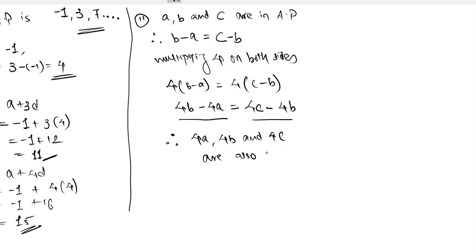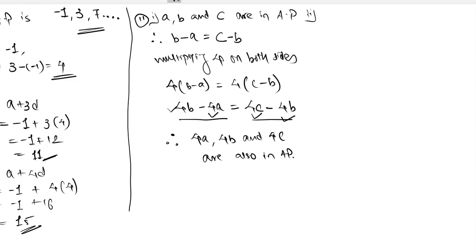That's it. This is the second term minus first term, and this is the third term minus second term. If they are equal, that means the common difference is equal, which means they are also in AP. So that was the first part of the 11th question.